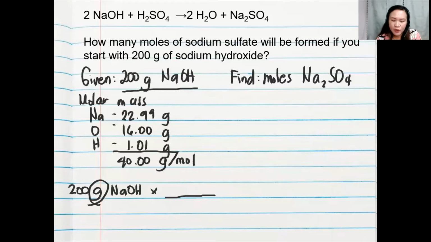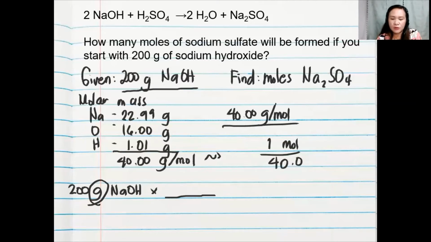So what do we use for conversion? Is it 40.00 grams per mole, or is it 1 mole per 40.00 grams? So obviously, we are going to use this one. Why?